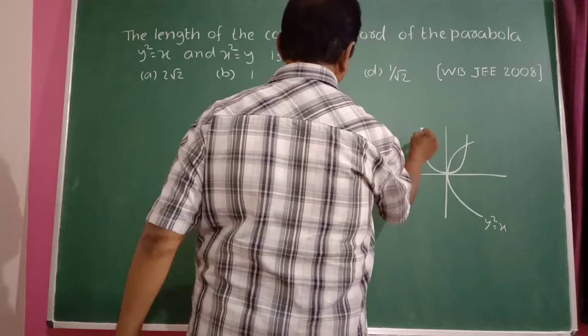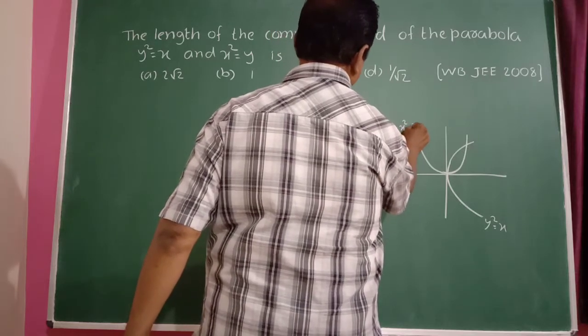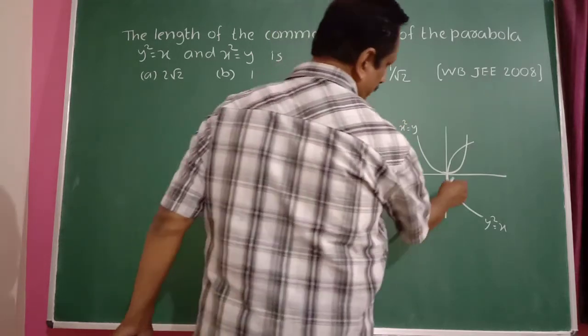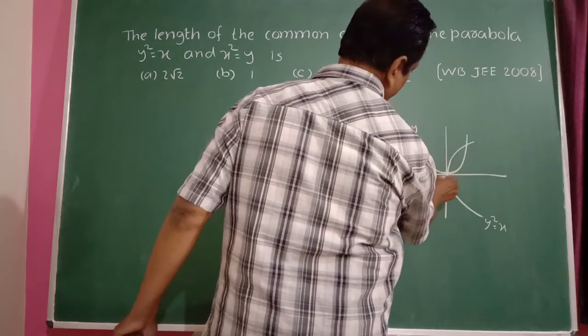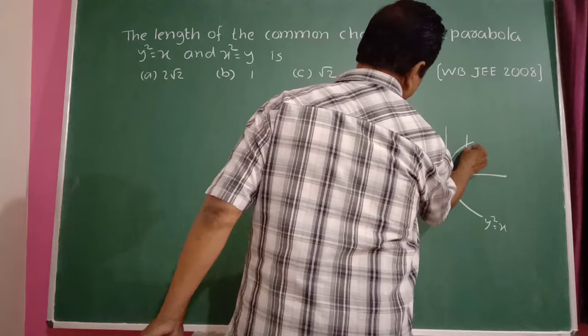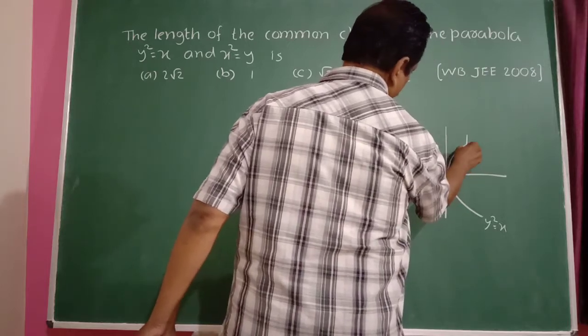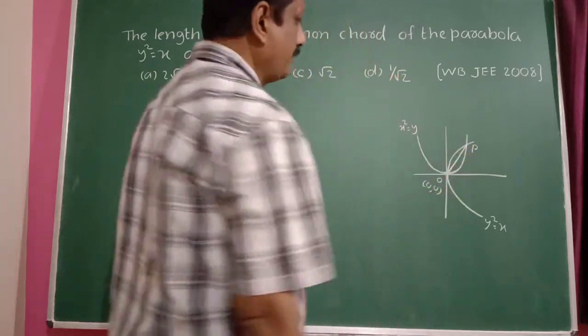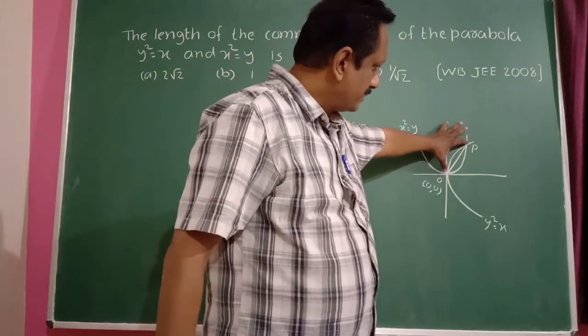This equation is x square equal to y. Here these are the points of contact. One is the origin. You find this point here. If I join OP, then this becomes a common chord here. Here we want its length.